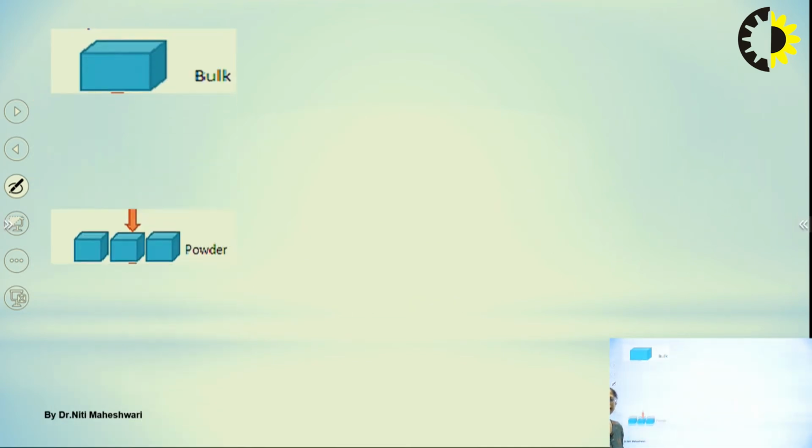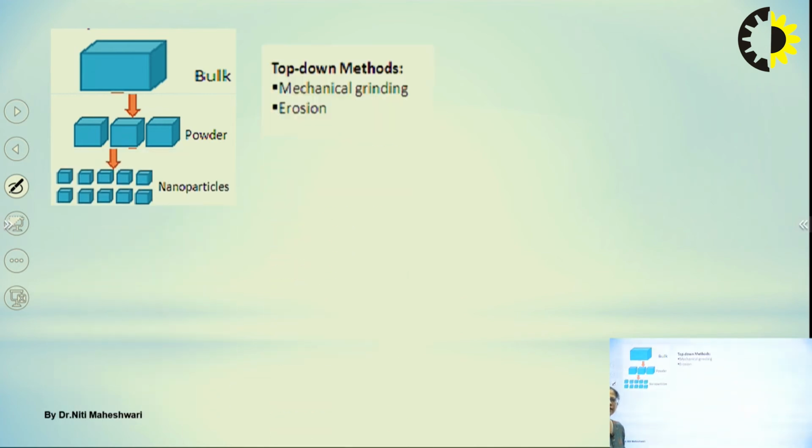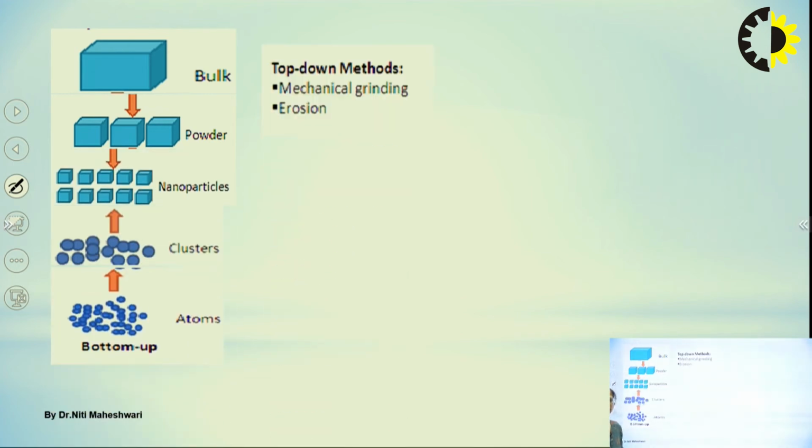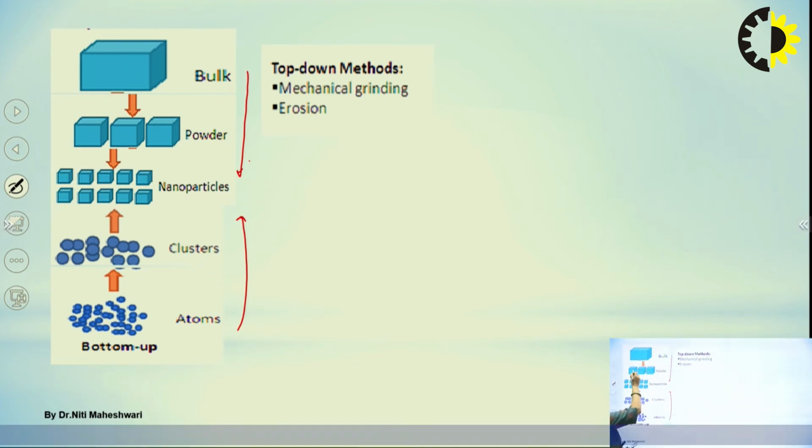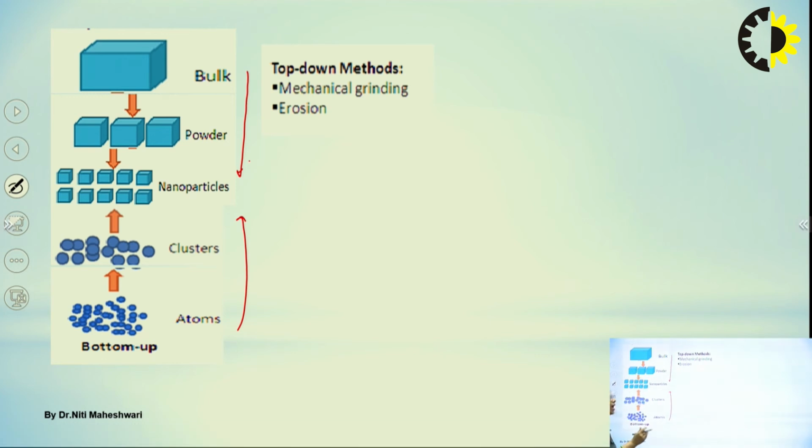Now here, I am showing the two approaches. This one is the top-down approach, and this is the bottom-up approach. Now in the top-down approach, we are starting from the bulk material, converting into the smaller size and repeating the patterns, and then finally collecting the particles when they are of the nano size.